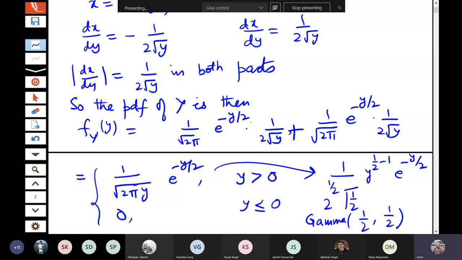Now I move to another topic. We go to several random variables, that is called jointly distributed random variables.